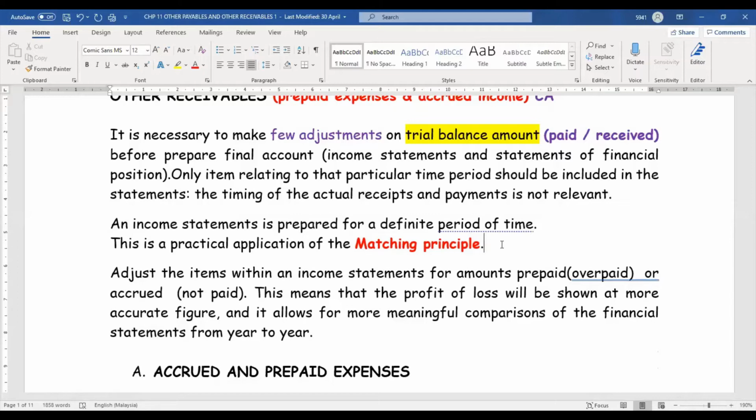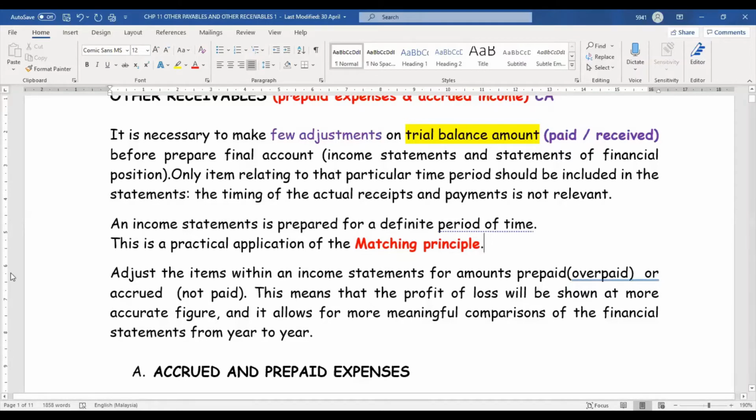So all the income and expenses that you record in the income statement must be only for this year. If you overpaid, we will take out how much that you overpaid. If you underpaid, we will add how much you underpaid. So we will get how much income or expenses for that particular year. I give you an example for expenses. The same concept will apply for income also.